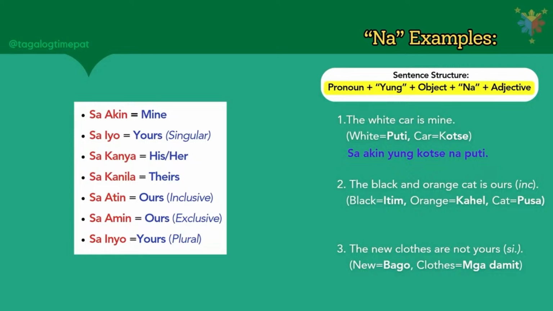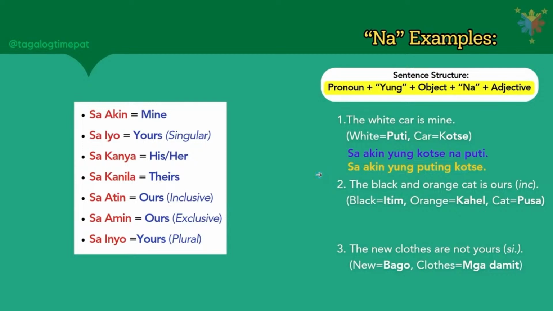The alternative phrase you could say is sa akin yung puting kotse. So remember, the adjective can go first, and technically the sentence marker na is here, but we just made a contraction. So puting kotse. Sa akin yung puting kotse.